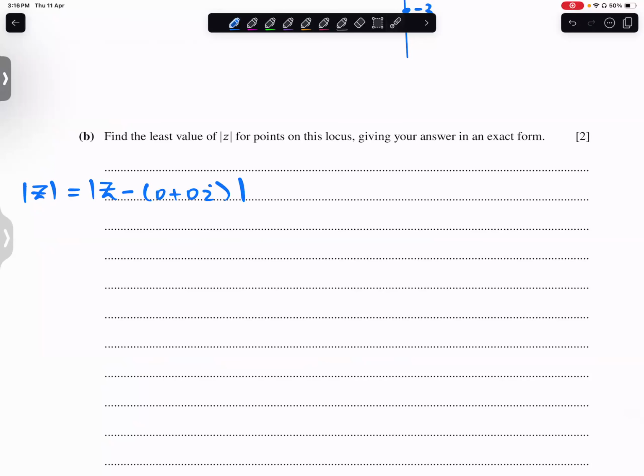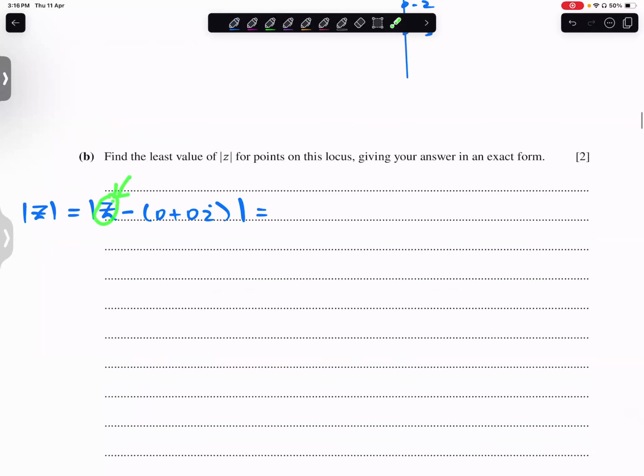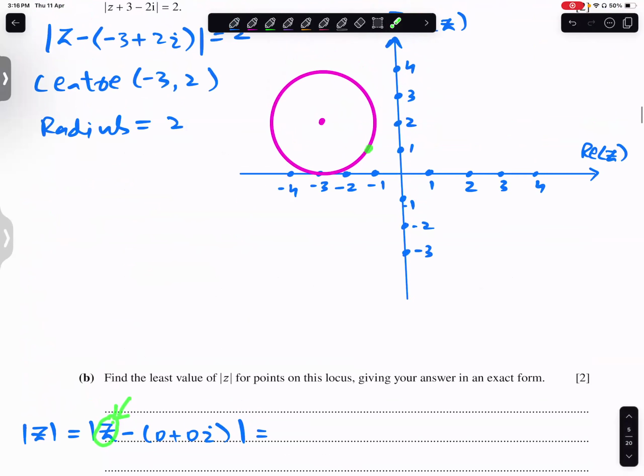So the definition of this is the distance of these z's, and these z's mean any number on this locus. This is the locus, so these are all z's.